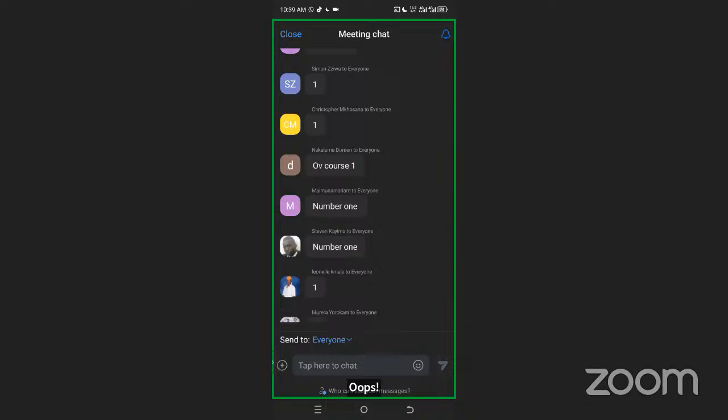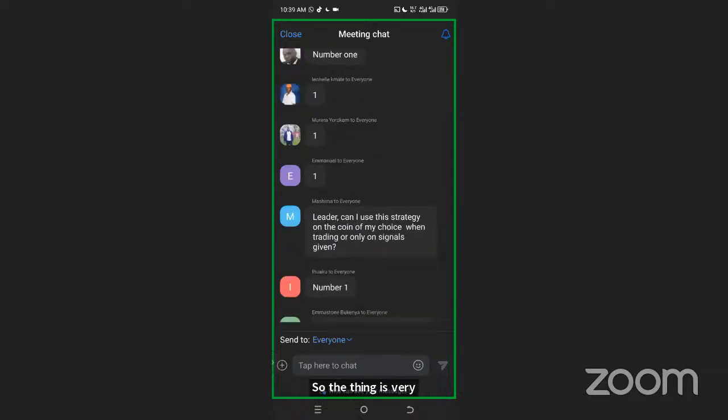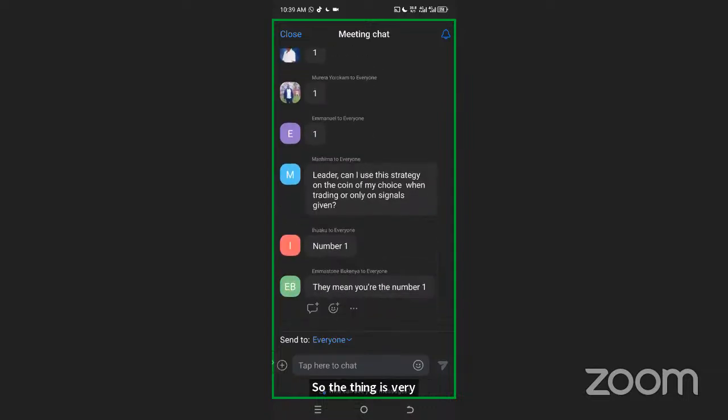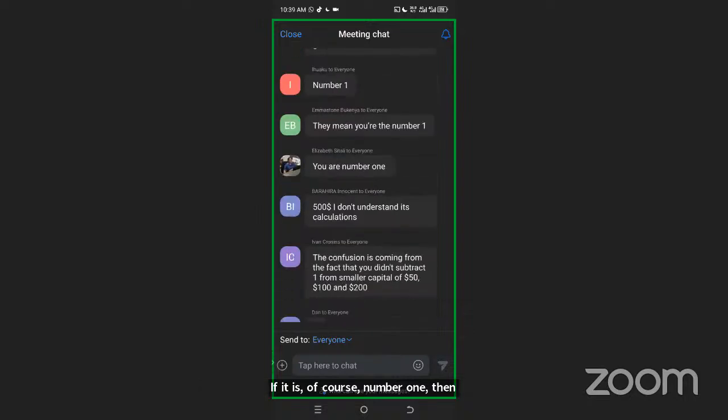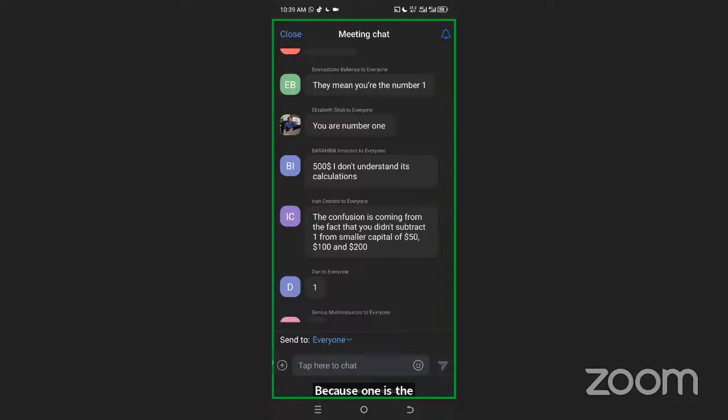They mean number one. So the thing is very easy to understand. Of course, number one. Then you remove the one from your calculations, because one is the first time the robot is buying. We are calling it first buy in amount. First means one.